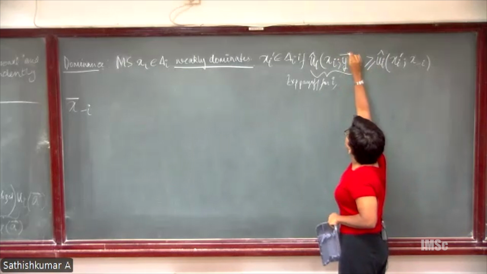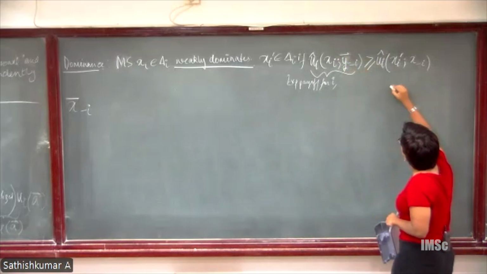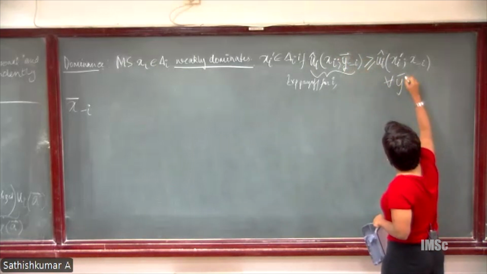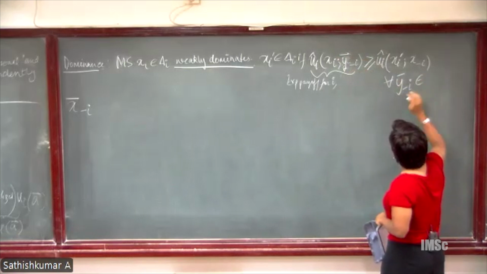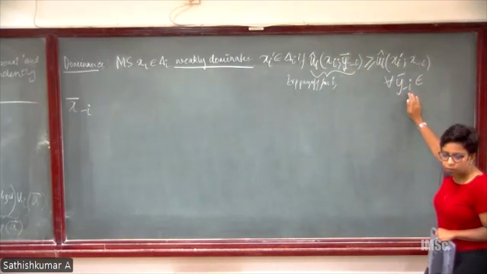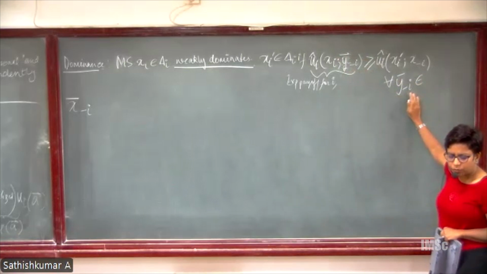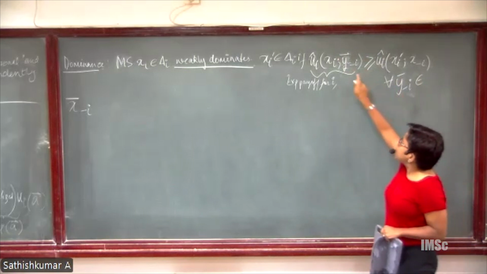So, let's say, for all y minus i, this is a strategy profile of all the players without i, with i missing.